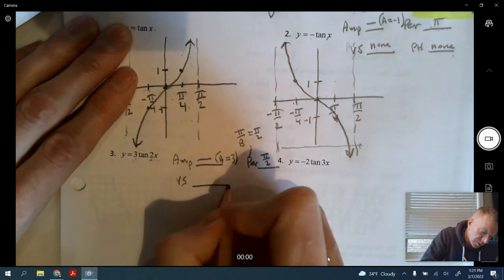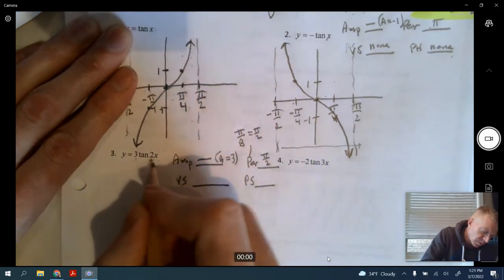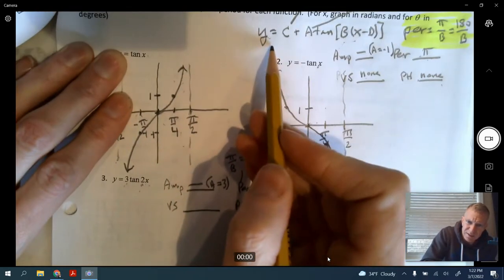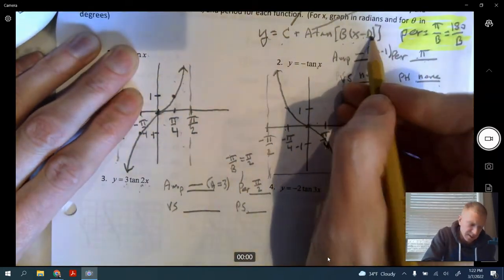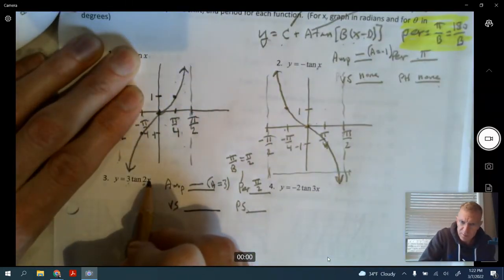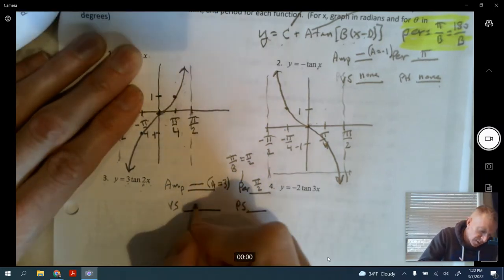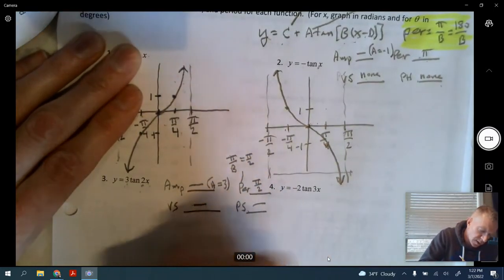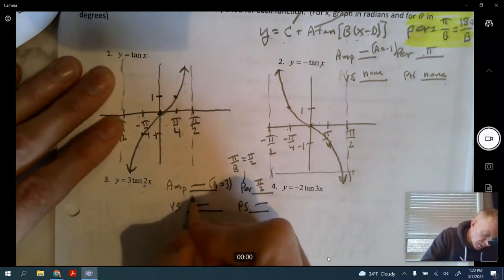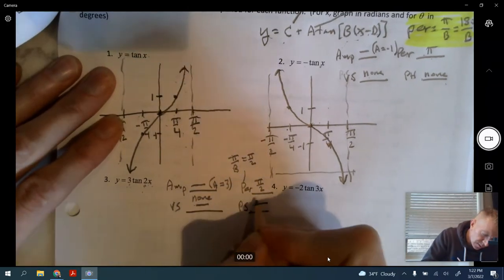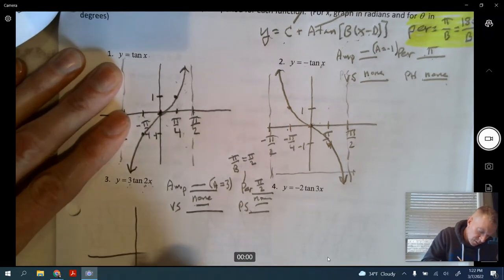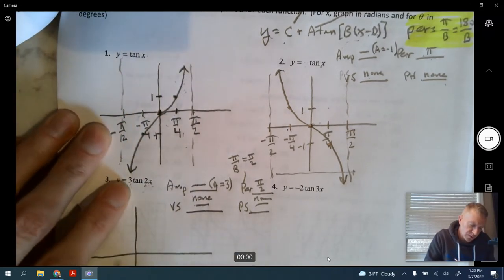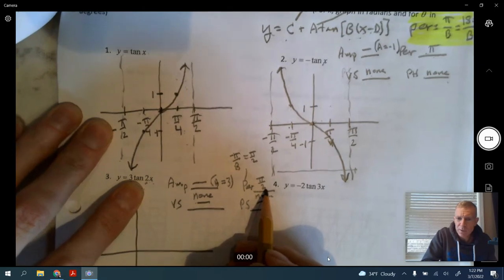Then we've got a vertical shift and a phase shift. There's no vertical shift, there's no plus c, and there's no phase shift, there's no x minus d inside of your tangent function. So none, none. Okay, so no vertical shift, no horizontal shift. Our period is pi over 2.